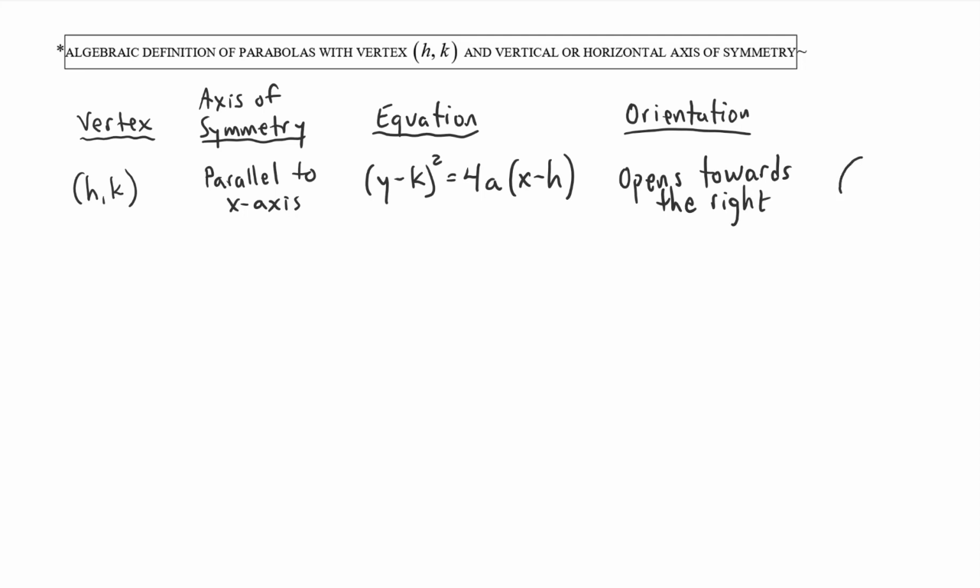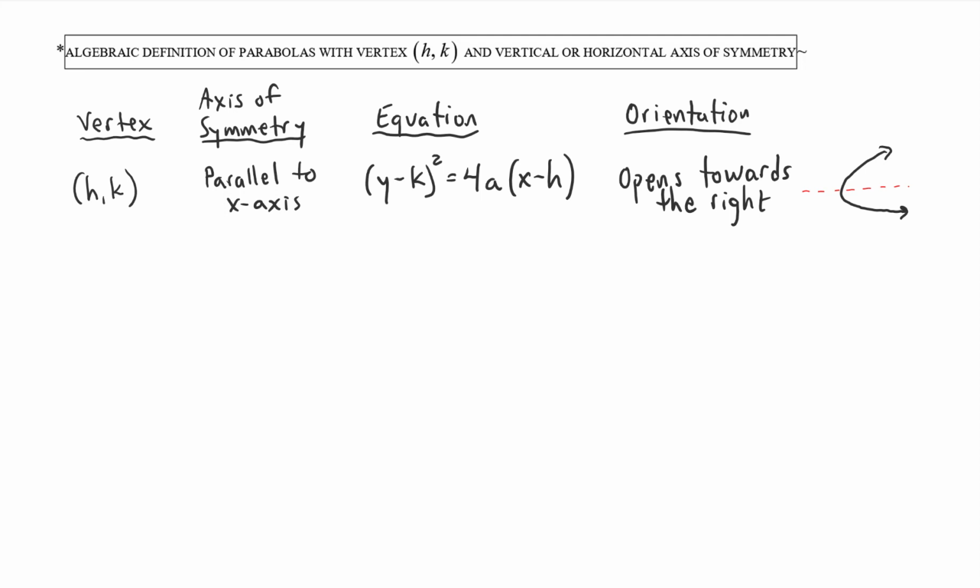So it's going to look like this. It's going to open towards the right, and it's going to have a horizontal axis of symmetry. But we're going to look at 4 different kinds of parabolas, ones that open to the right, ones that open to the left, ones that open up, and ones that open downward.